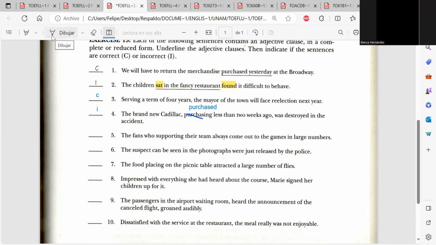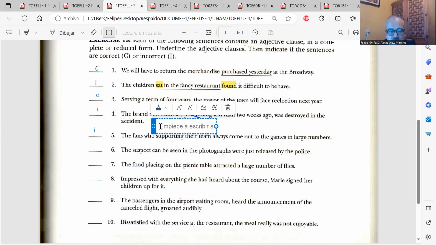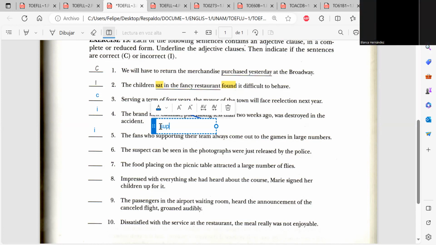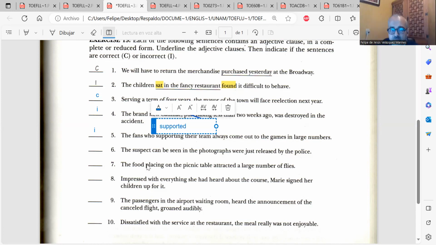It's incorrect. Yes, of course. The fans who supported their team always come out to the game in large numbers. Okay, who supported. But remember, we're studying reductions. How can we eliminate the repetition that is who?